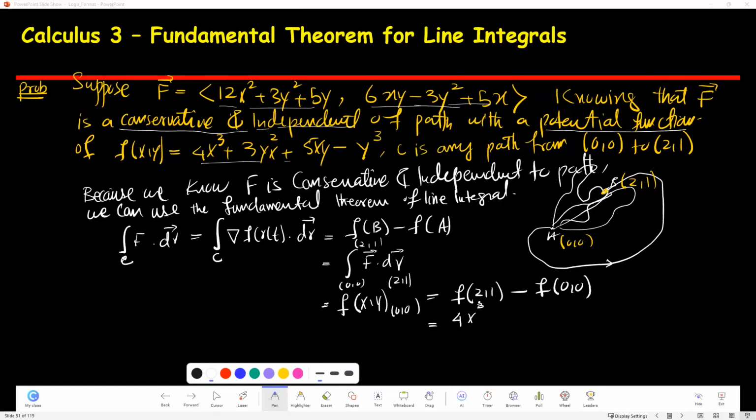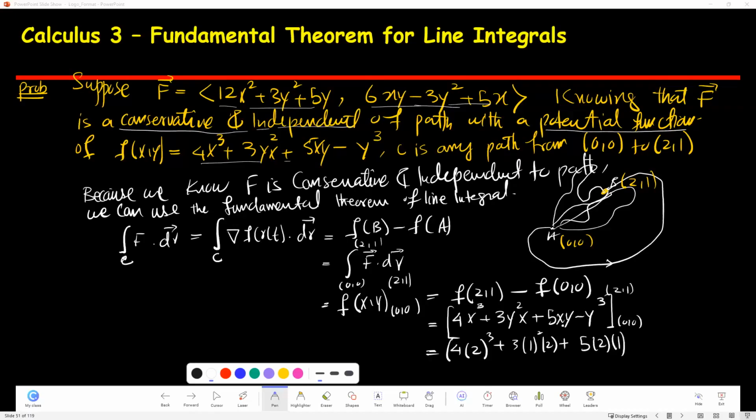Taking the integral of the function, we get 4x cubed plus 3y squared x plus 5xy minus y cubed. This is the given function, and the two limits we already know. Let's substitute: 4 times 2 cubed plus 3 times 1 squared times 2 plus 5 times 2 times 1 minus 1 cubed, which is 1.